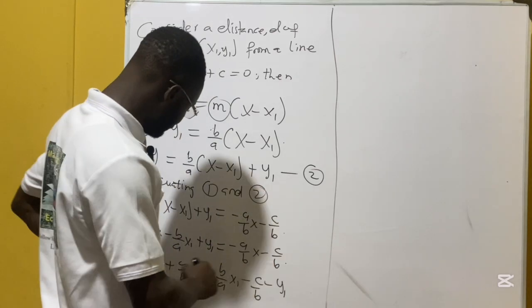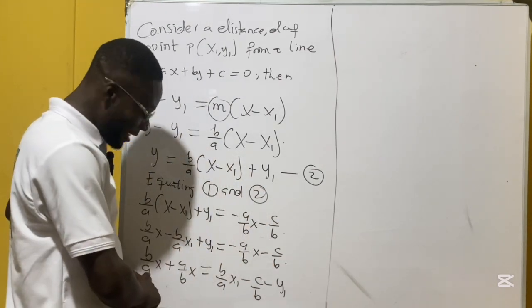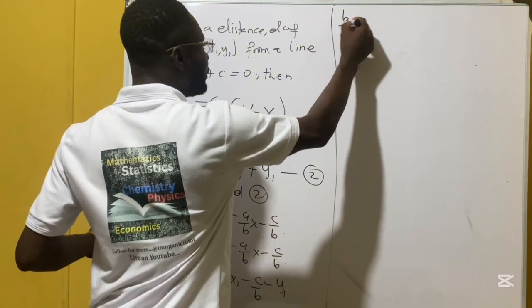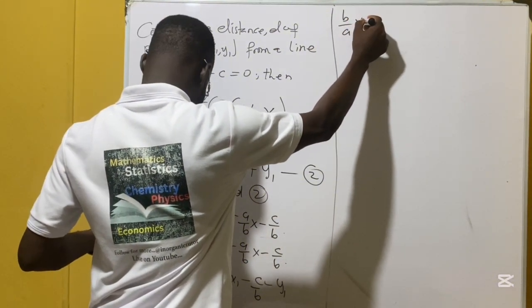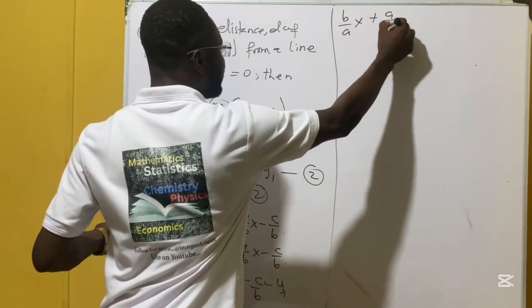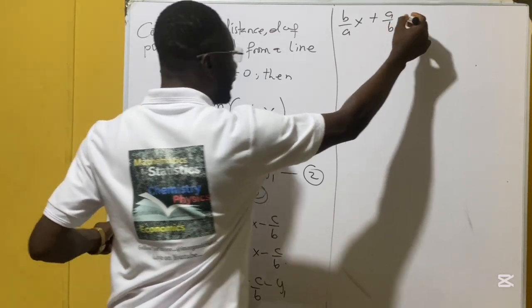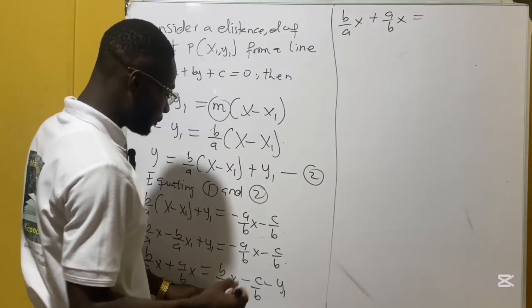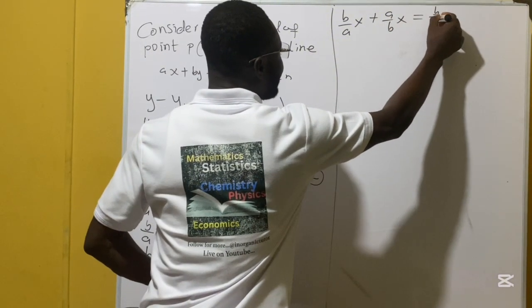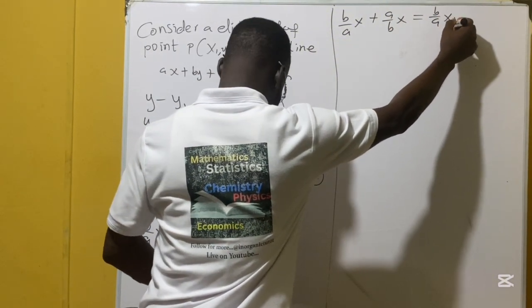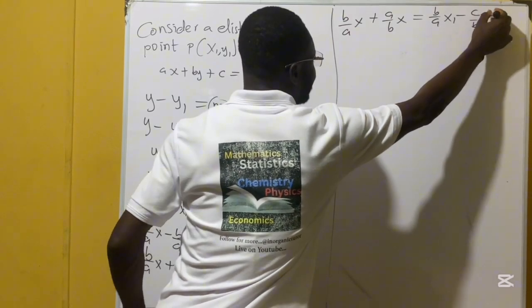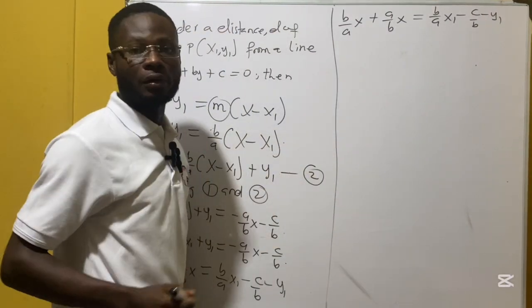Okay, so trying to make x the subject here, we're going to have b over a x plus a over b x, and that should be equal to b over a x1 minus c over b minus y1, right?